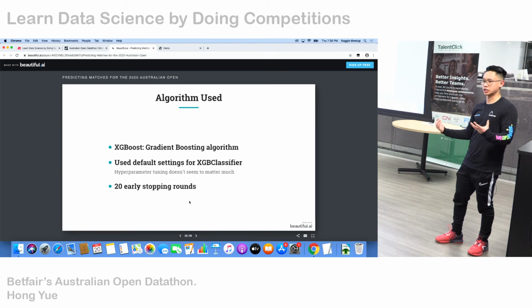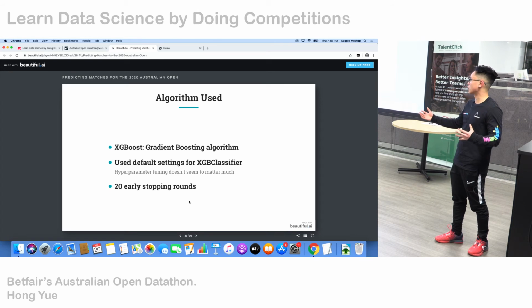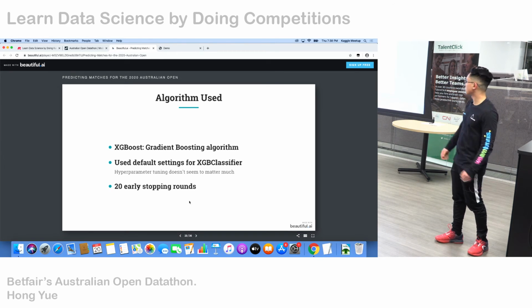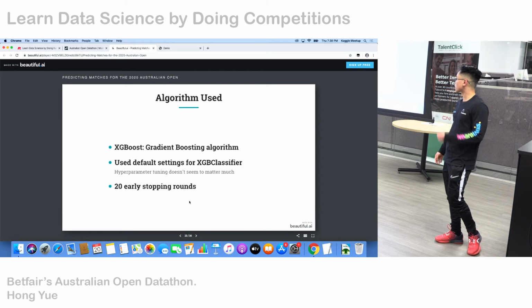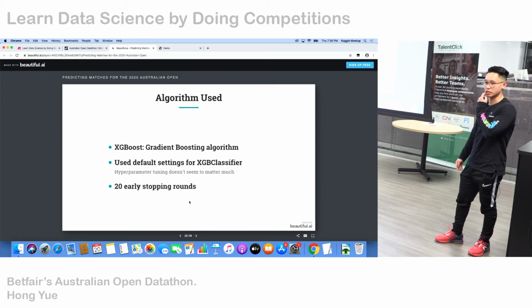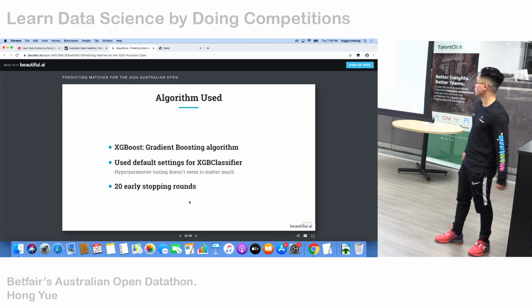Most of the time when people do gradient boosting, they use a decision tree or a decision stump as the base learner. You have a whole bunch of them, and each tree that you grow is related to the number of boosting rounds. In terms of hyperparameters, I found that the default settings actually worked best for this particular setting, which is really interesting.